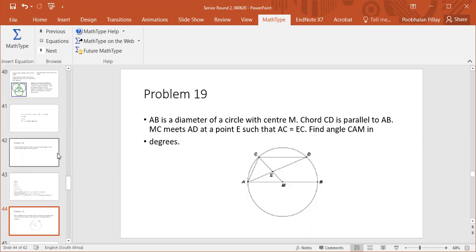is a geometry problem. It says AB is the diameter of a circle. So this is the diameter. Remember earlier on, I told you when you've got a diameter, if I take any point on the top and work out that angle, this angle will be 90 degrees.